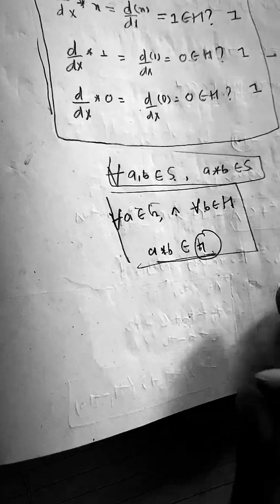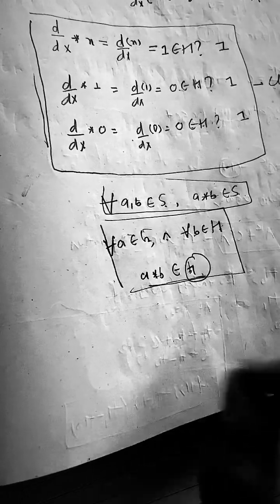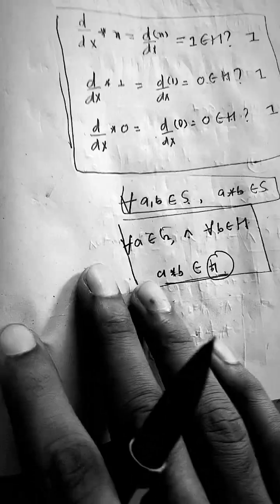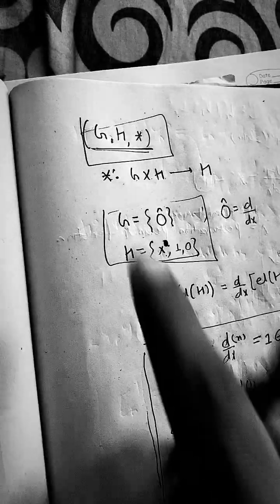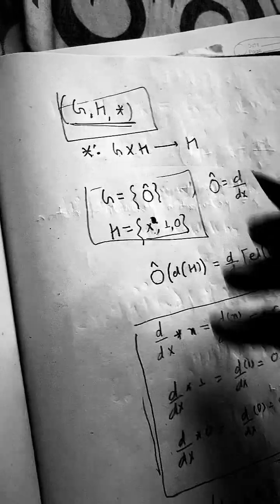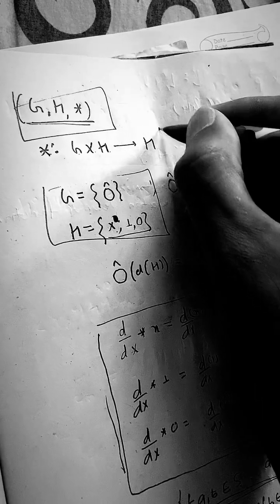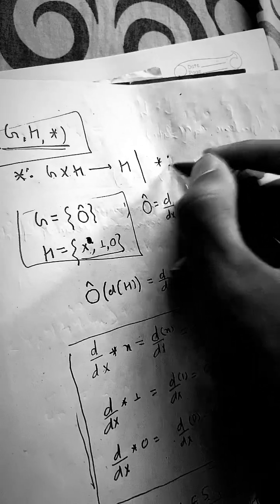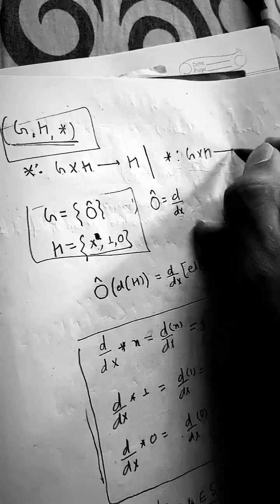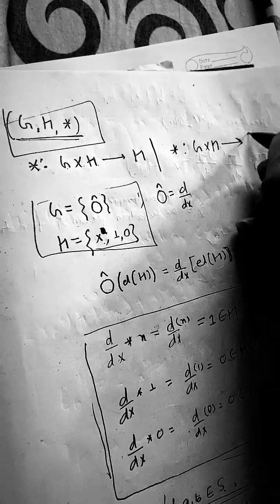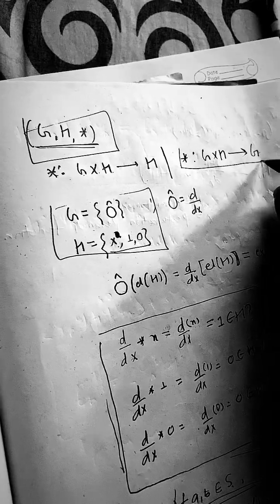What happens? Now this is the legitimate question. What happens if we change this definition of star? What if this star is defined as G cross H to H, not H now, it is G? What happened then?